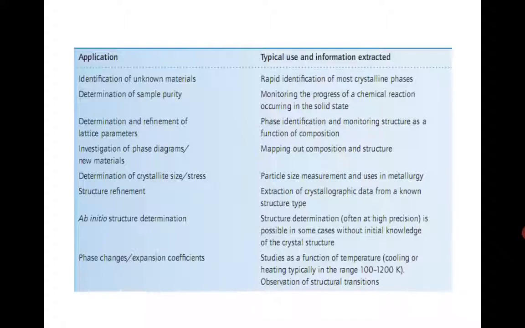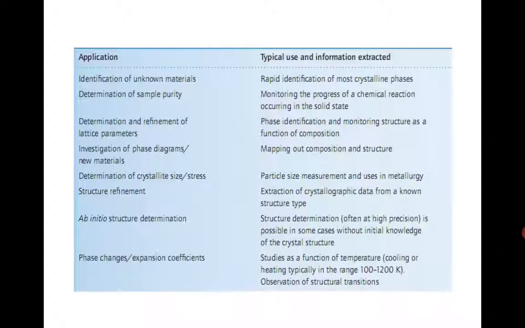Now, powder X-ray diffraction is mostly used to characterize and identify phases and to refine already known structures rather than to solve unknown structures. In material science and in chemistry, it is often required to synthesize new materials.